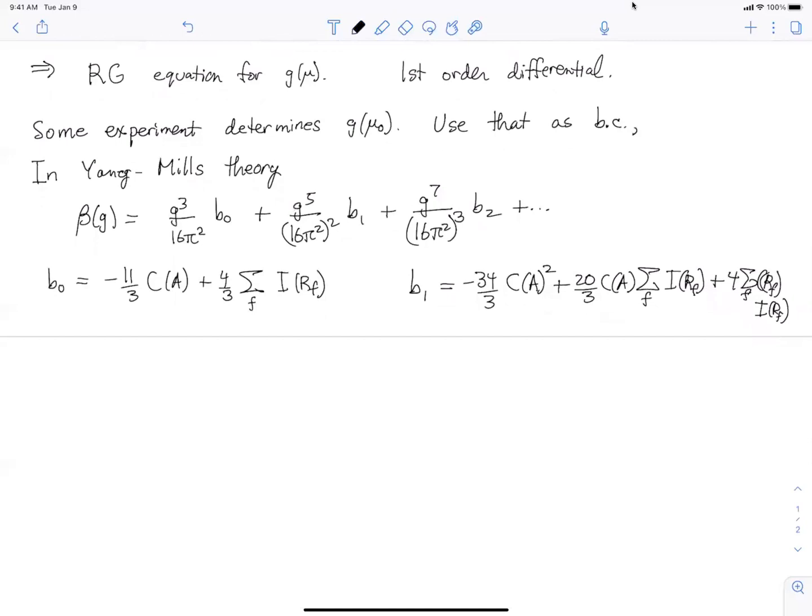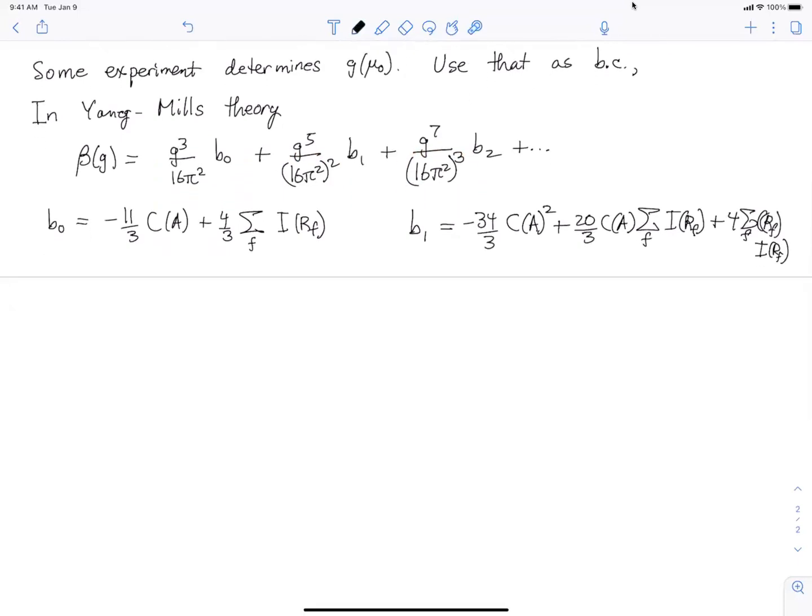But let's think about what you would get when you actually solve these equations. And it turns out, for many purposes, to get a qualitative idea, you only need to worry about this first term. And one of the reasons for that is you get an extra factor of 1 over 16 pi squared every time you add another loop. And so hopefully these get smaller and smaller. Not always, but hopefully.